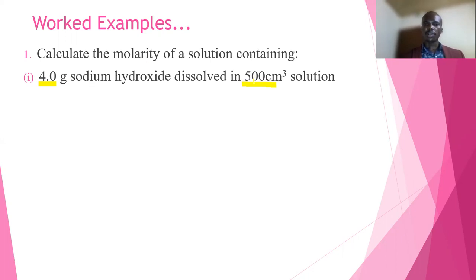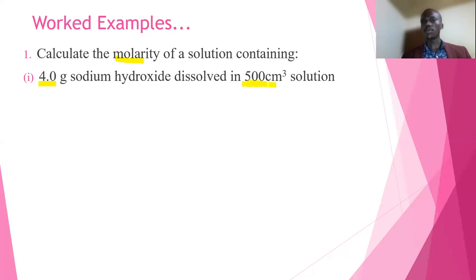When you are asked to calculate molarity, first of all, write the formula for calculating molarity. The first one we talked about: molarity is calculated as the moles times 1,000 over the volume of the solution.